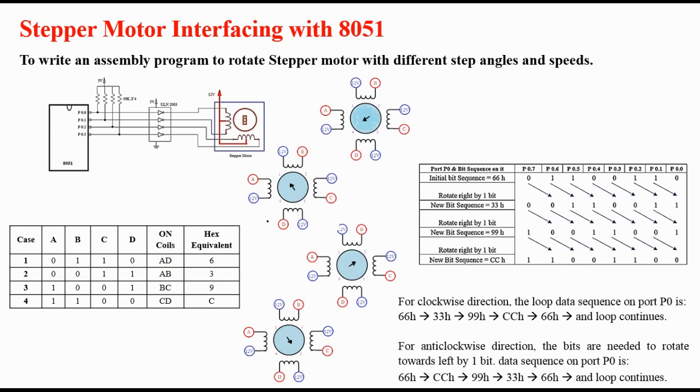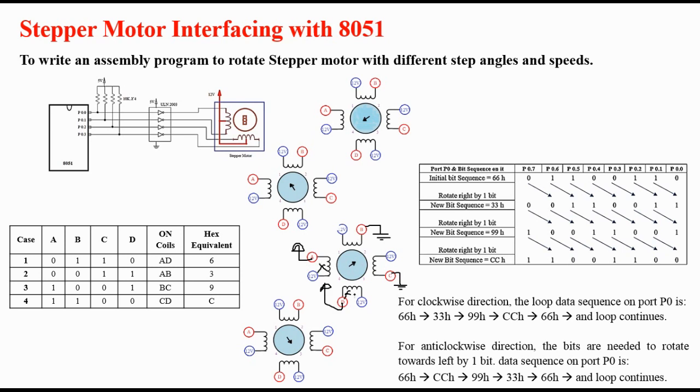In the same way, let us suppose you want to move your shaft towards position number 2, the next position. For that purpose, B and C should be connected to ground, or at 0 potential, whereas A and D should be at higher potential.